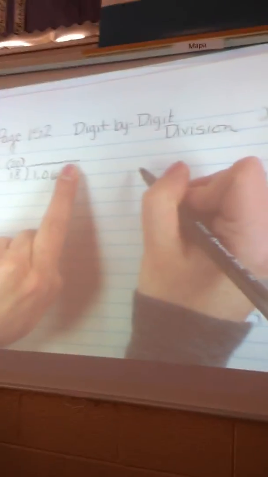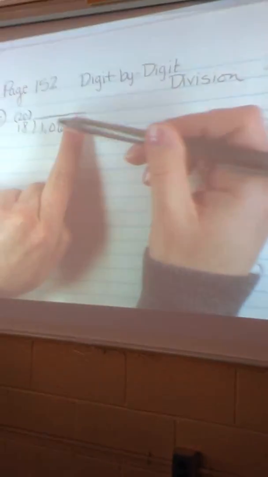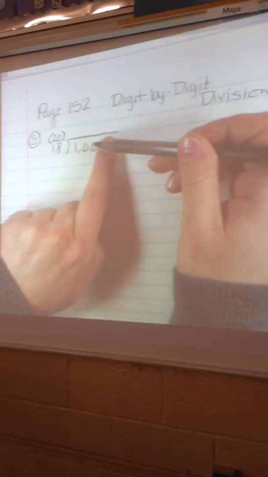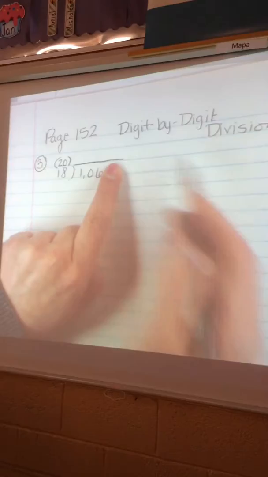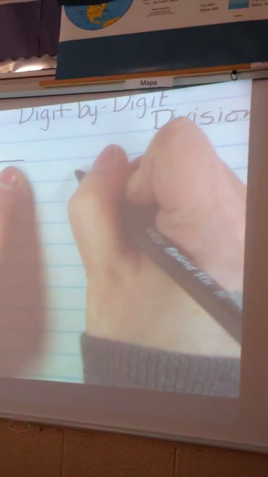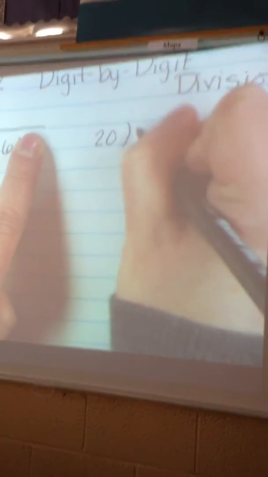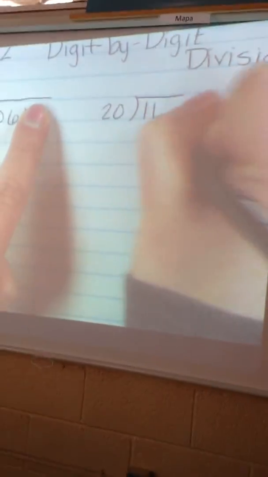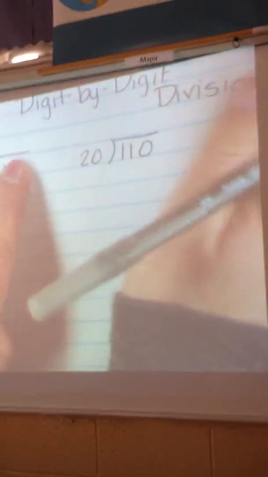So I think, okay, 106 is closer to 110. So off to the side here, I'm going to put 20 into 110, and I'm going to think about how many 2's.